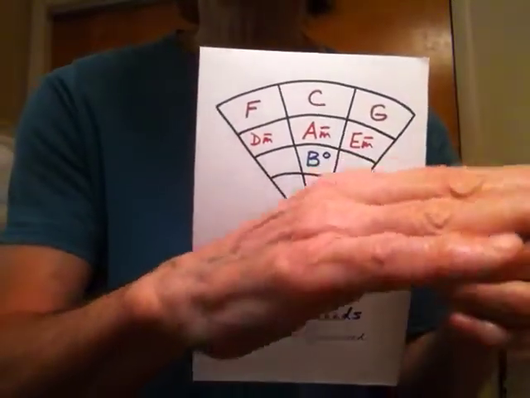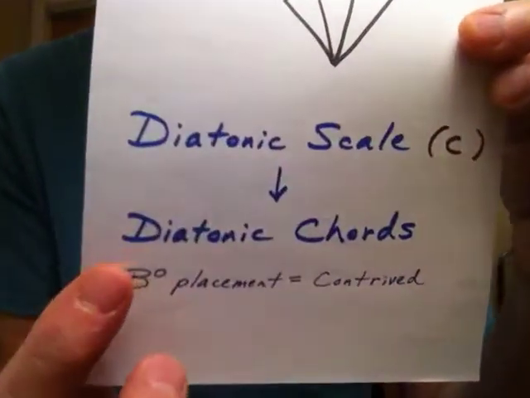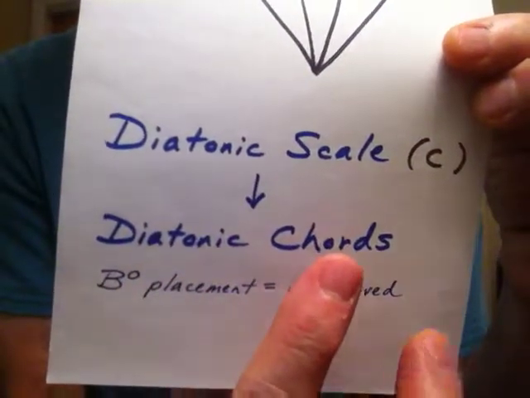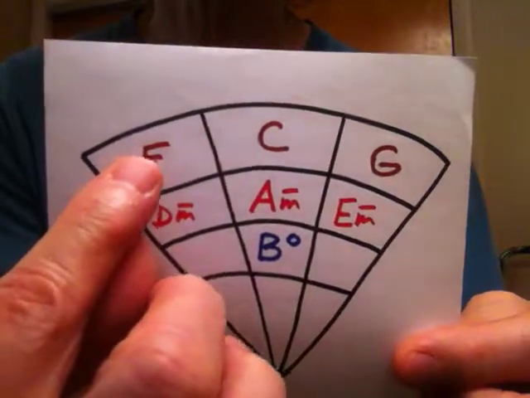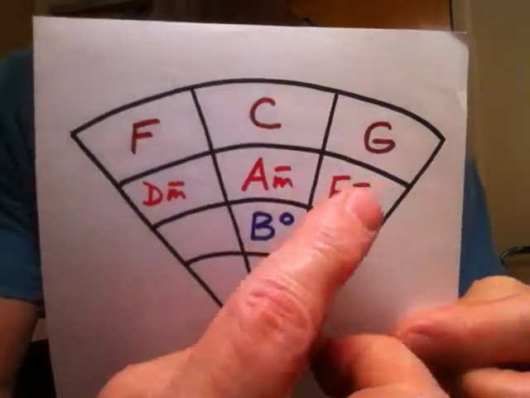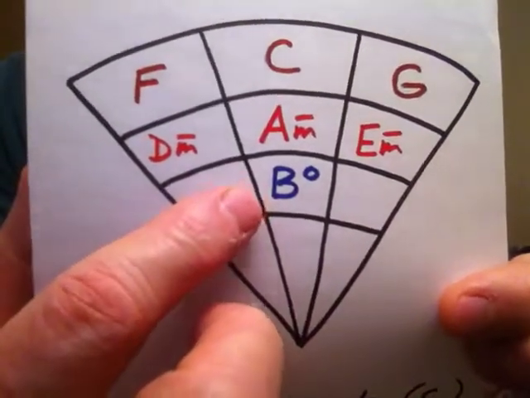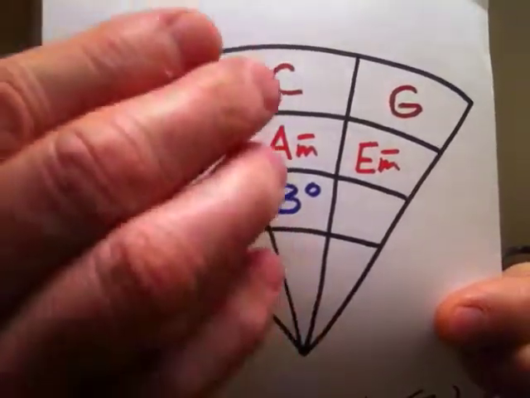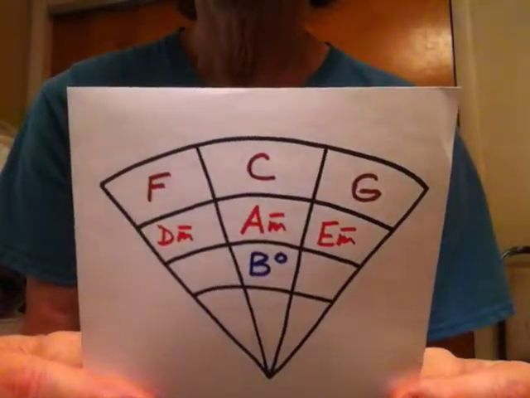So you take your diatonic scale, you take the tones, and out of that scale, you get your diatonic chords. All right? So once again, they list their diatonic chords here as major and here as minor, and then they stuck in this B, as I said, arbitrarily. It's kind of contrived. It's stuck in there because it's in the middle. It's nice and neat. So I think you understand what I'm saying about that. That's about as far as they got.